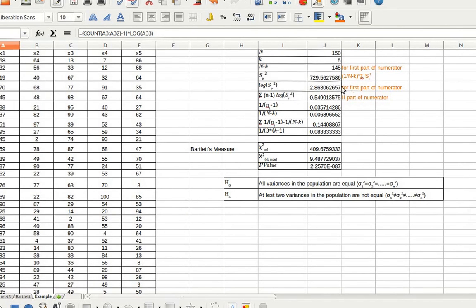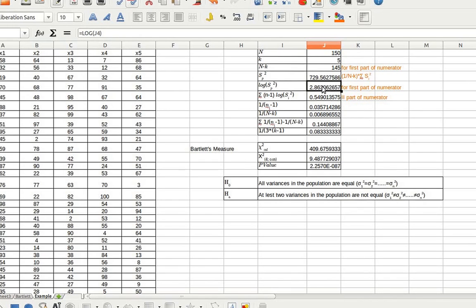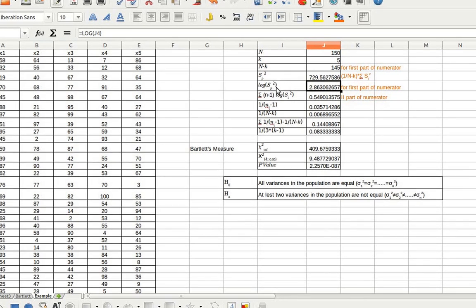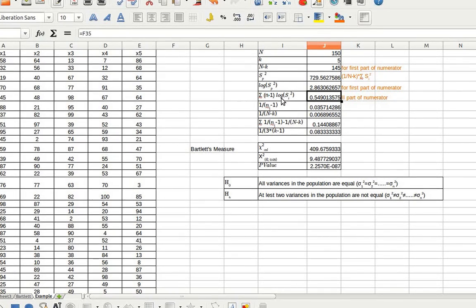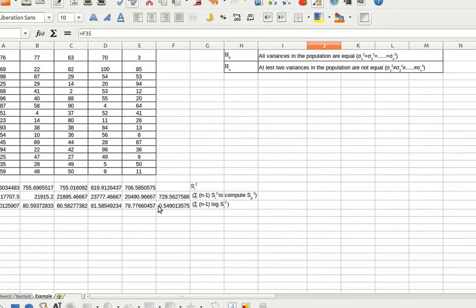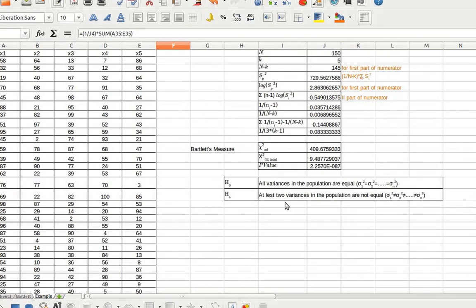Here we can compute the log value of the sp square from j4, which will give log sp square, and we compute this n minus 1 log si square straight away from here, because this is the sum of the n minus 1 si square, and we are going to take that value exactly.